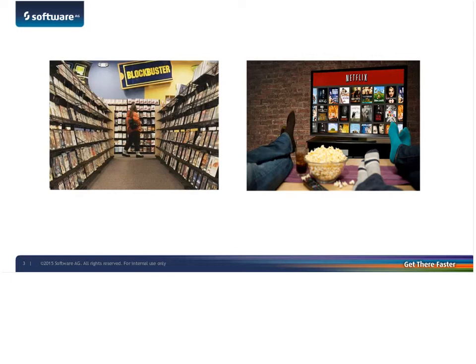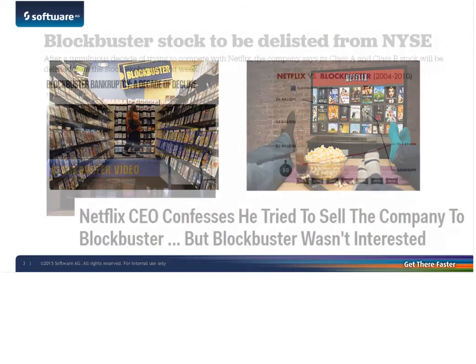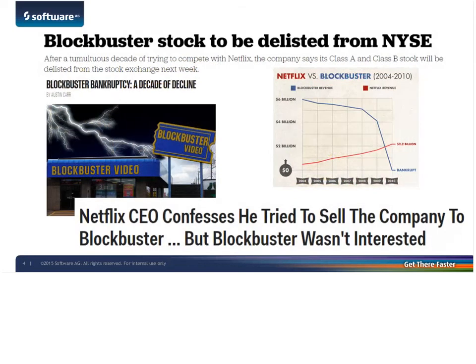Well, today, Netflix is the world's leading internet television network with over 62 million members in over 50 countries. And Blockbuster is gone. The quote you see on that slide, I think is really interesting, that the Netflix CEO confessed that he actually tried to sell his company to Blockbuster, but Blockbuster wasn't interested.